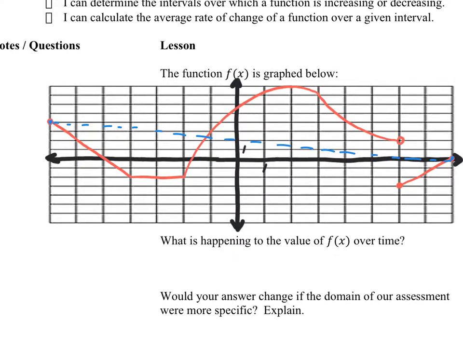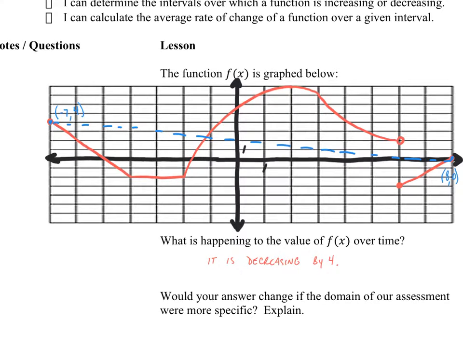From the beginning point, which looks like the point (-7, 4), to the end point, which looks like the point (8, 0), what is happening to the value of f of x? It looks like the value decreased, by 4. Because if it starts with a value of 4, and at the end of time, as far as we're concerned here, we have a value of 0, then it's decreased by 4. So that's what it did over time.